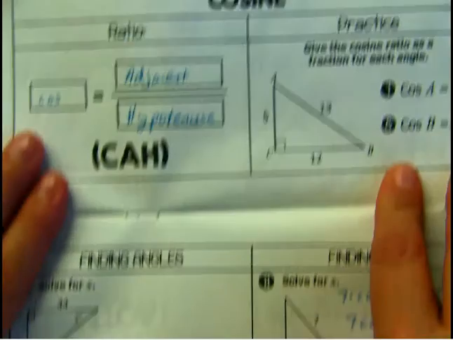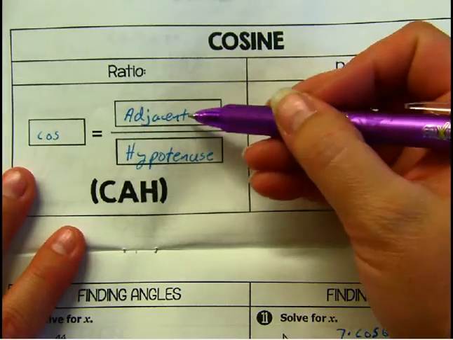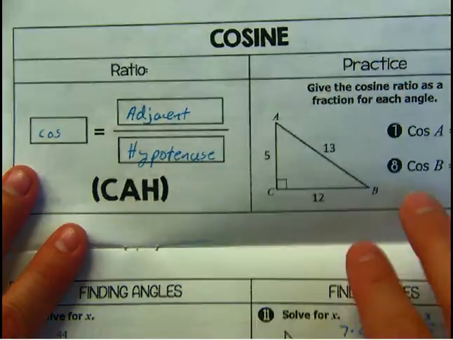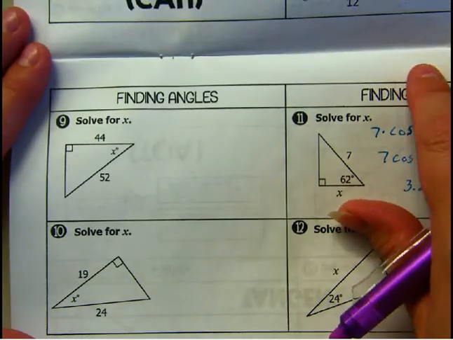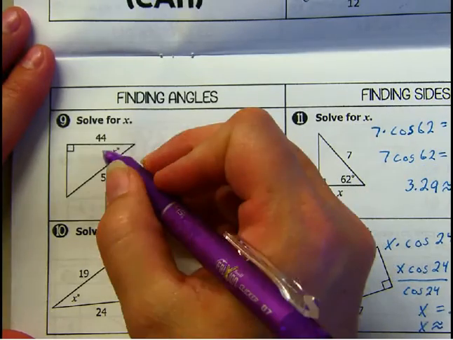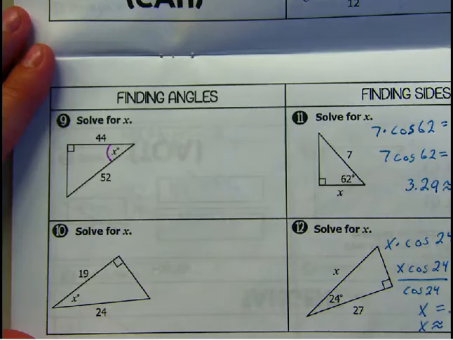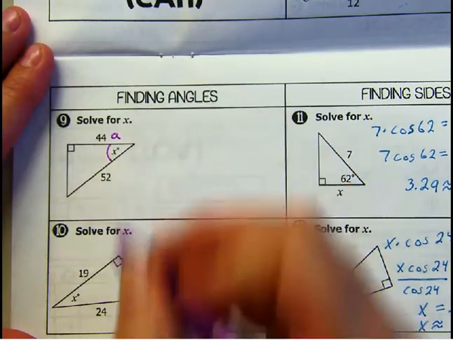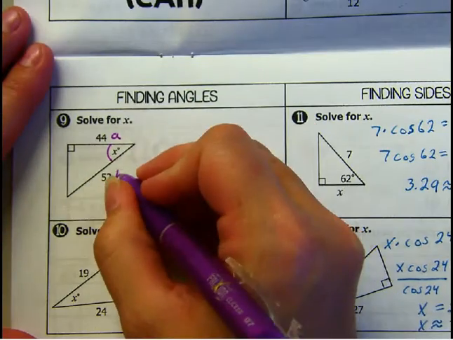So for cosine, just as a reminder, cosine is adjacent over hypotenuse. So looking at examples 9 and 10, we're going to be working with cosine. So we've got our angle x. So from x, we have the adjacent leg, and we have the hypotenuse.